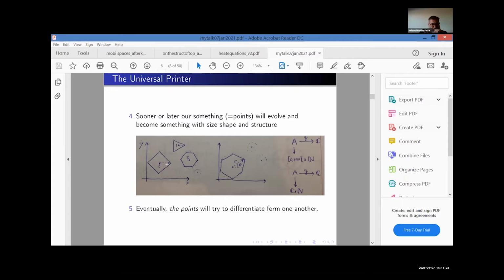So for that reason, we could have the number of sides of a polygon. So we still have a set A of indexes for our objects, namely points. We have the plane where we are trying to print them.